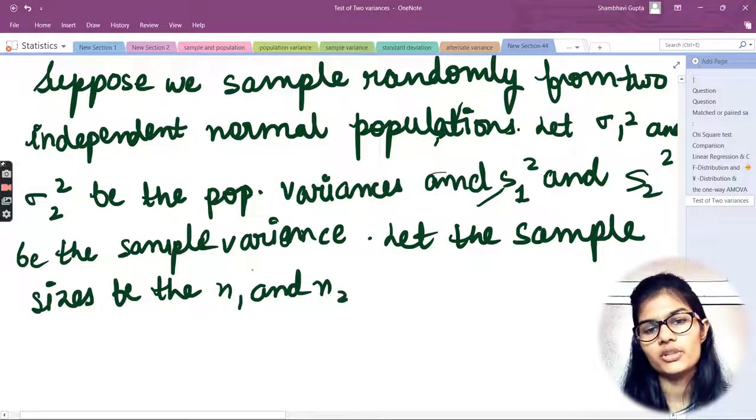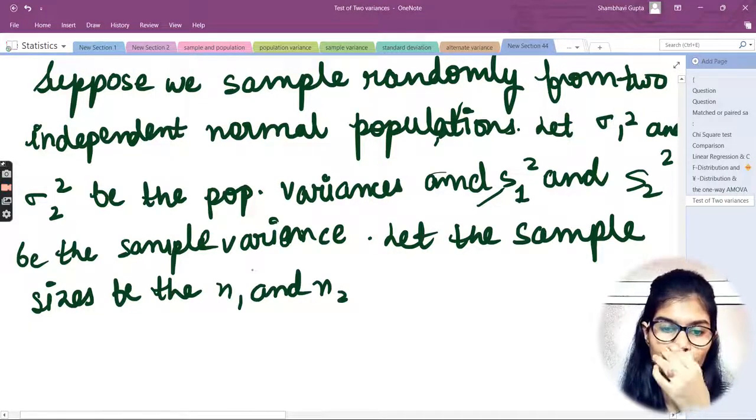So n1 and n2 are basically the sample sizes which we have here. Okay, n1 and n2. Fine.